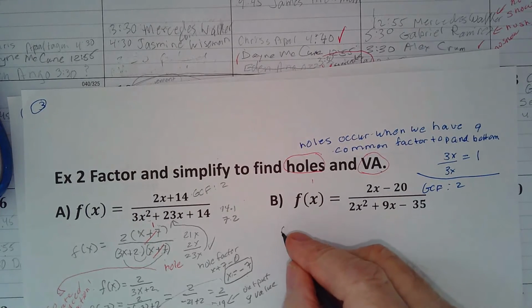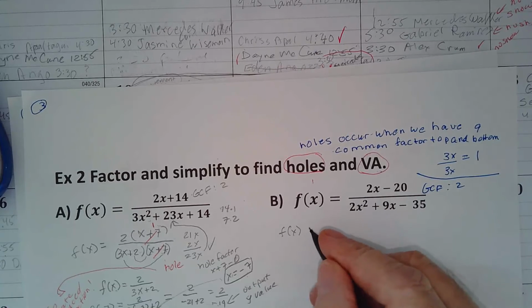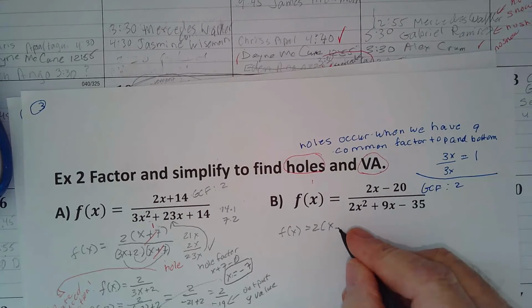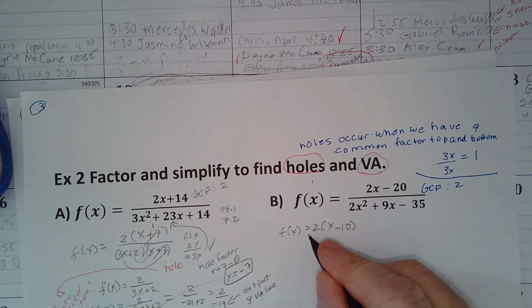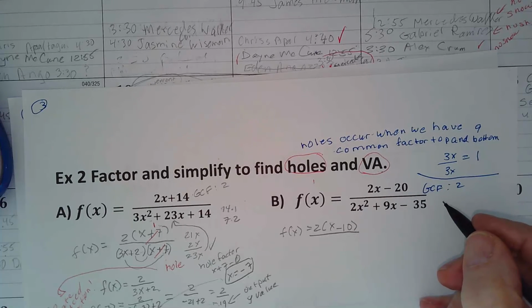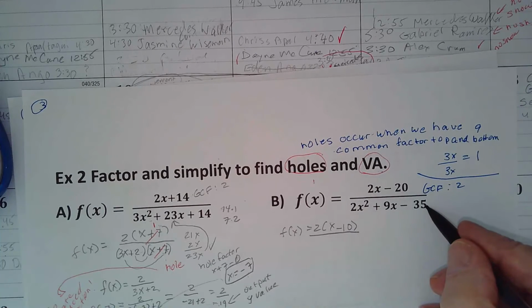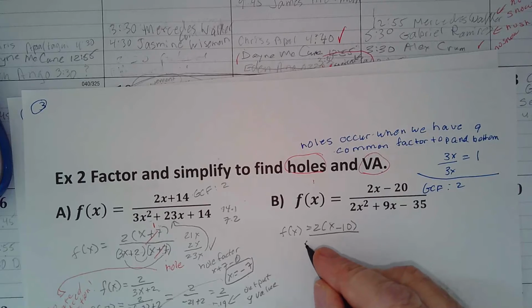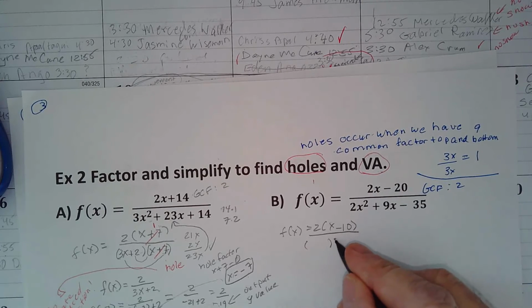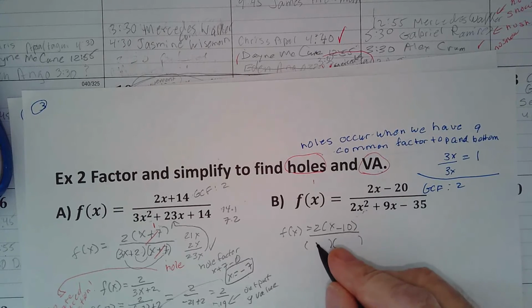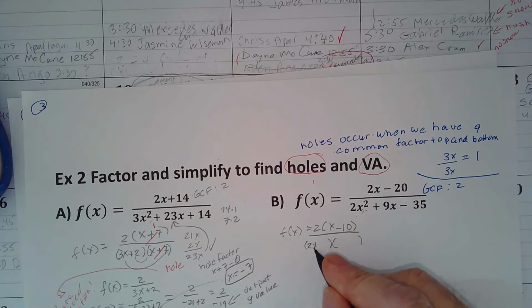So I have f of x equals 2 times x, I'm left with an x and a negative 10, right? Divided by, all right, now I've got to factor this into double bubble, 2x squared plus 9x minus 35. So I'm going to set up my double bubble. And again, this 2x squared, I can only multiply it into 2x times x.